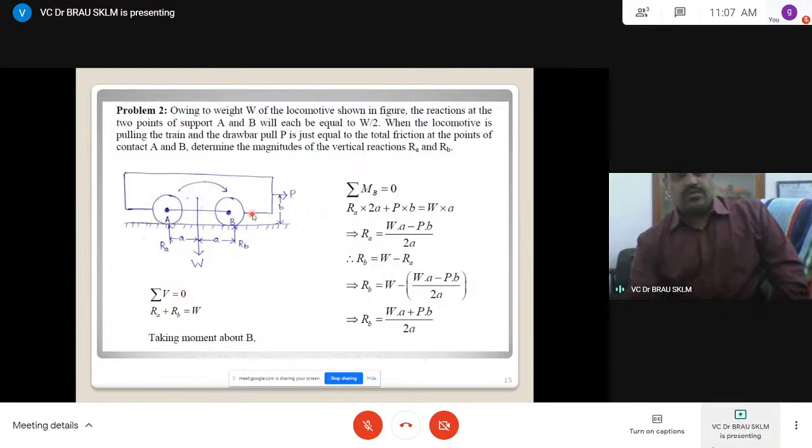Then taking moment about this or this, your choice. I am taking moment about point B, with P into B and W into A as known quantities, and RA into 2A is the expression.